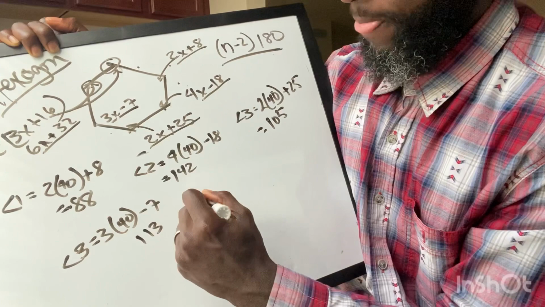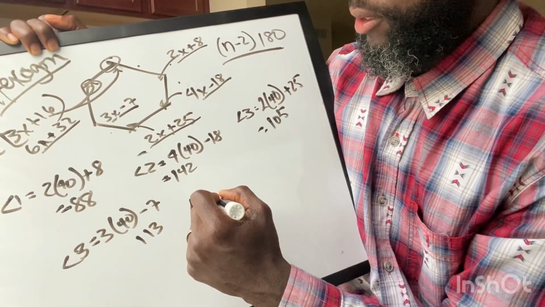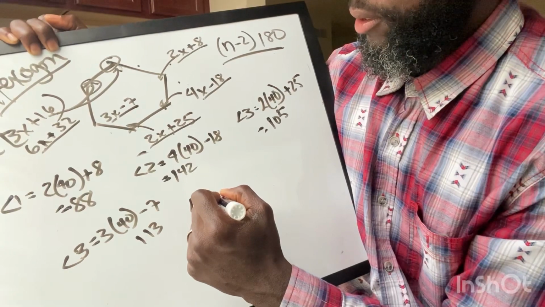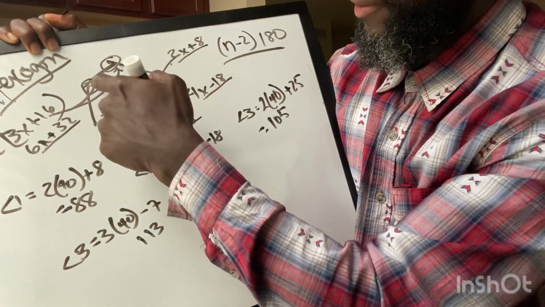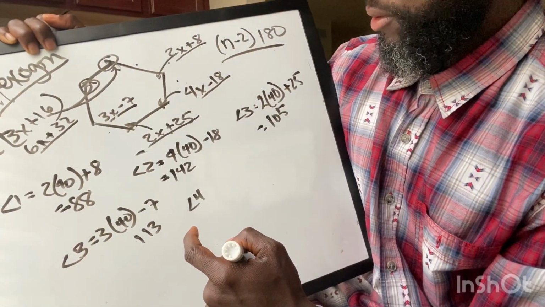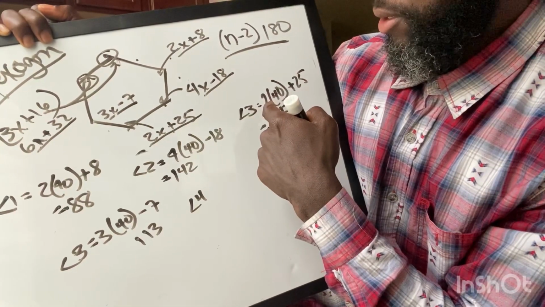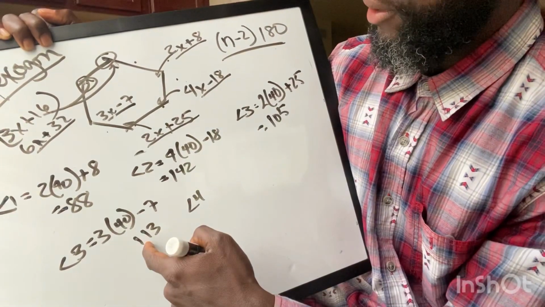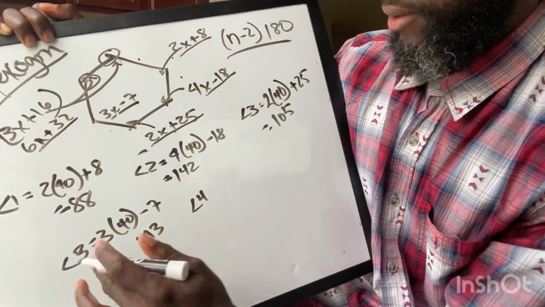All right, angle 4. Hold on, 1, 2, 3, 4, 5, 6. I'm missing an angle. Hold on. 1, 2, 3, 4. Oh, I can't count. That was angle 4.